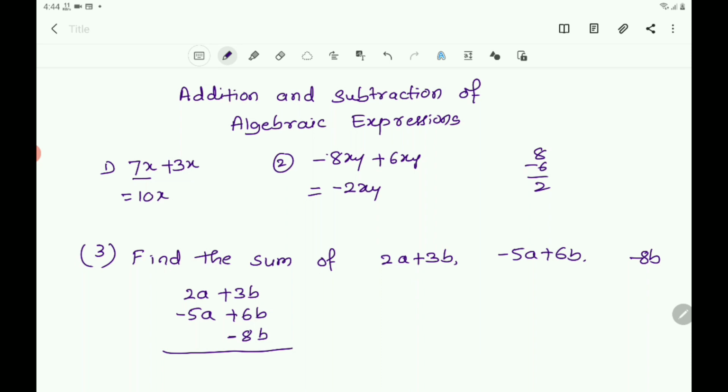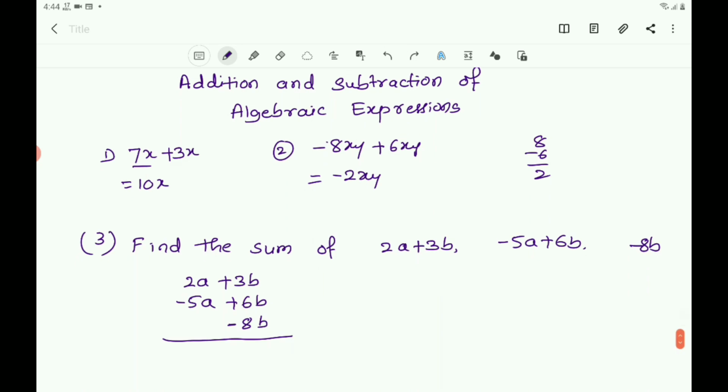Now you add all these three expressions. First add 2a and minus 5a. They have different signs, so subtract 2 from 5, you get 3, so you get 3a, but the sign is negative as 5 is greater than 2.